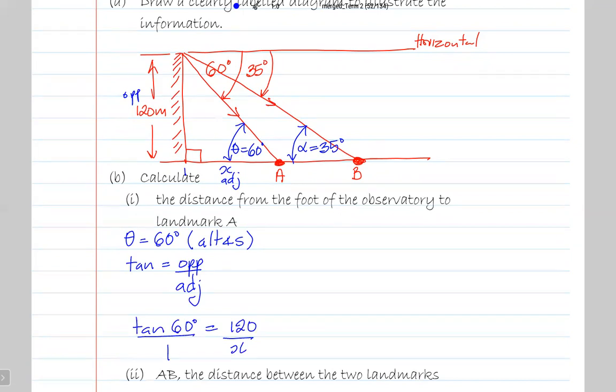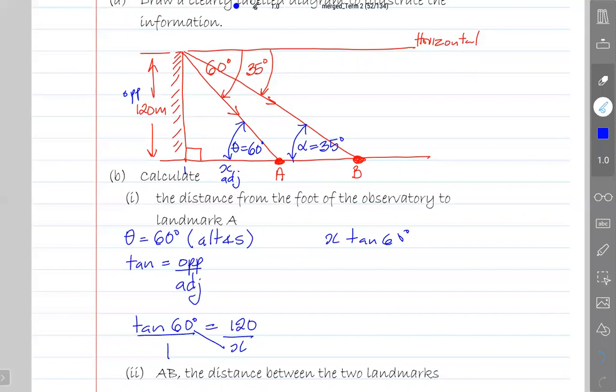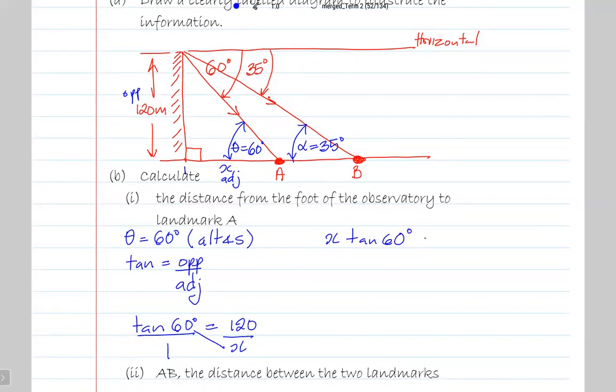If I have one fraction equal to one fraction, I would cross multiply. So this is x times the tangent of 60 degrees is equal to 1 times 120, which is 120.